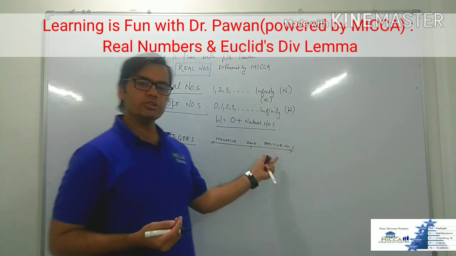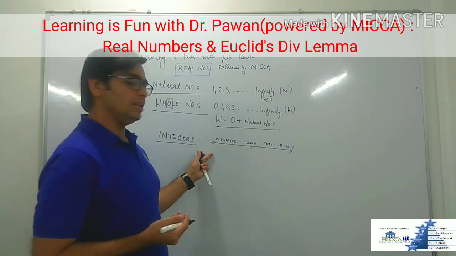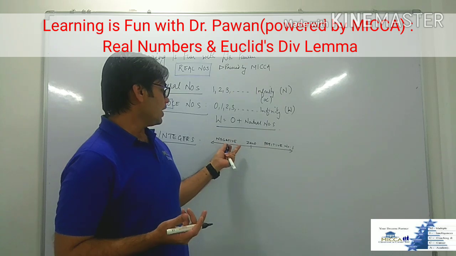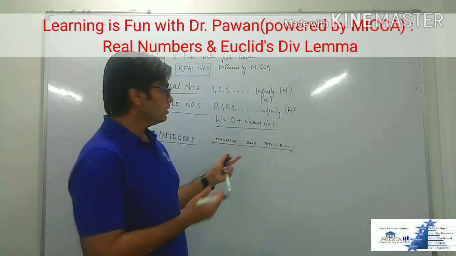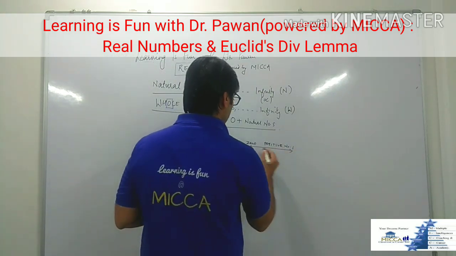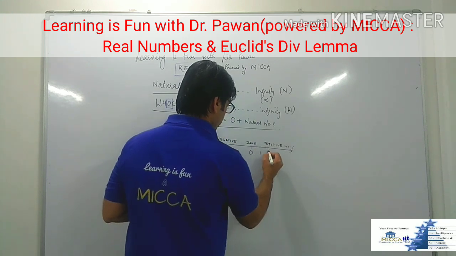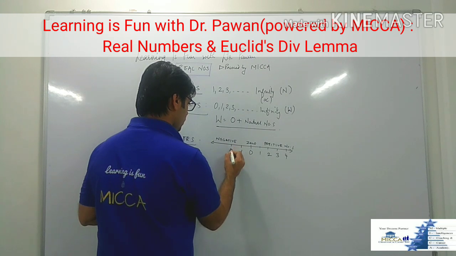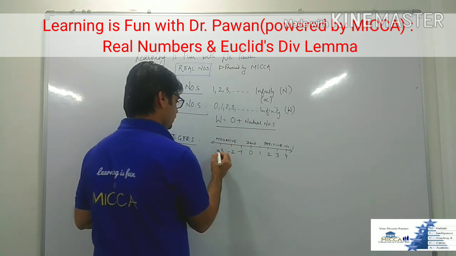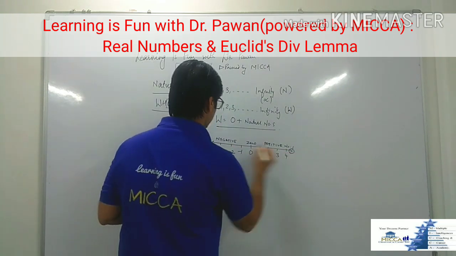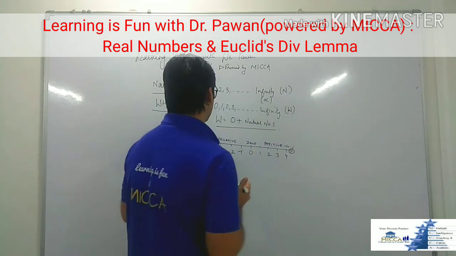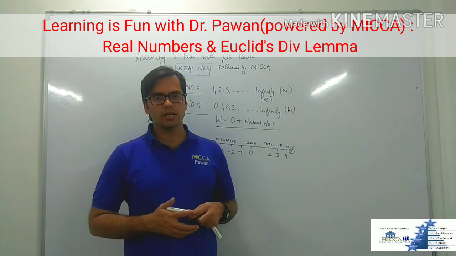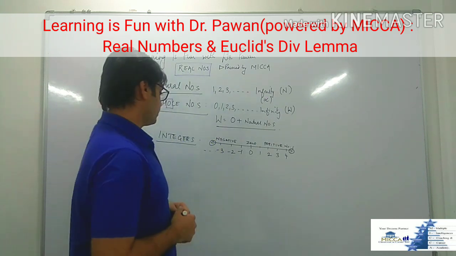Sometimes we also call them positive integers and negative integers, because we have 0 in the center, and the right side is your positive side, so here 0, 1, 2, 3, 4. Here you have -1, -2, -3 and so on. The arrows denote that these will go on, and this is a simple number line representation of the integers.